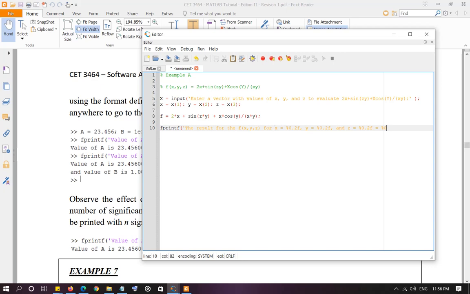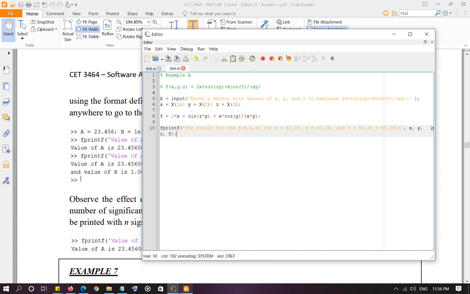And here I'm gonna enter what I'm planning to replace the 4 specifiers with, and I'm gonna replace them with the value of x, value of y, value of z, and value of f. And let's save this program. Example A, let's say.